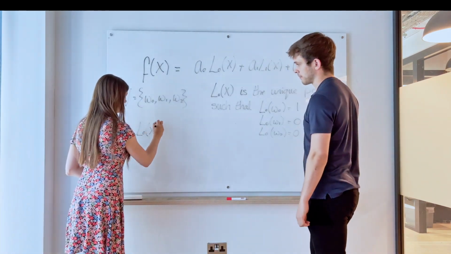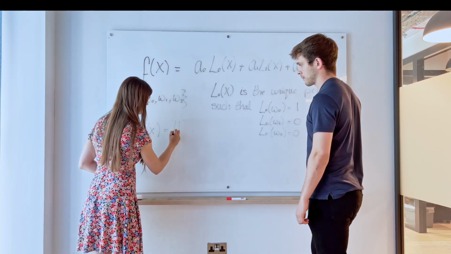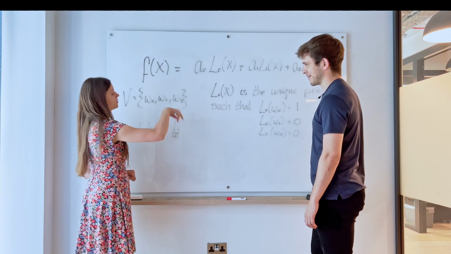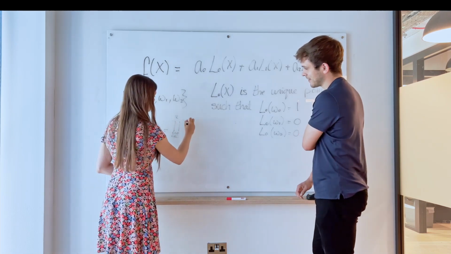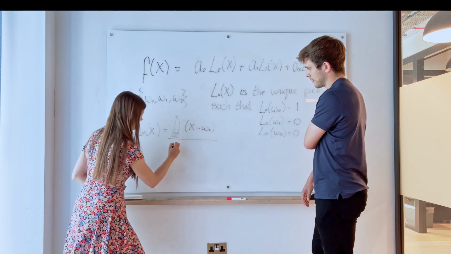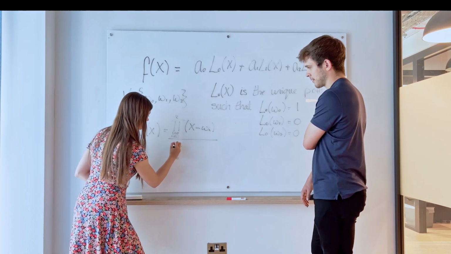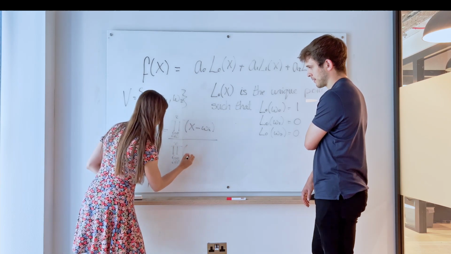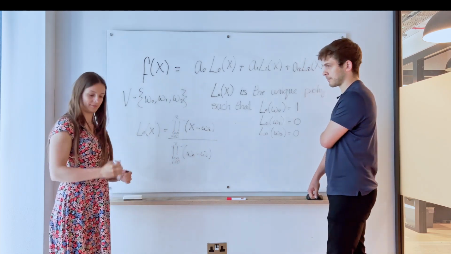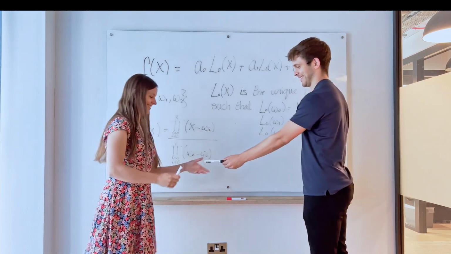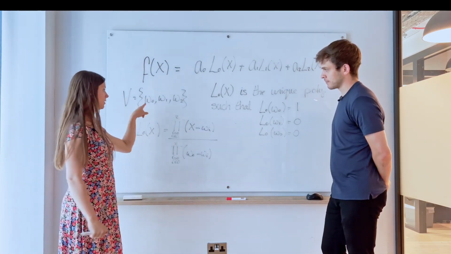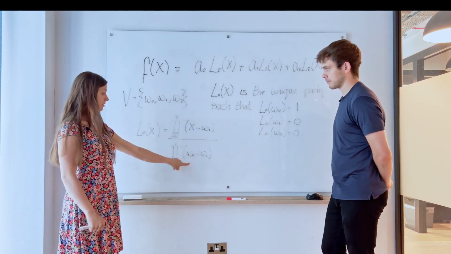We have L0 of x is equal to the product over I from 0 to 2, I not equal to 0, so actually I equals 1 to 2, but for the others I'm going to write it like that, of x minus omega I, all divided by the product over I from 0 to 2, I not equal to 0, of omega 0 minus omega I. So you can see here, if you were to insert omega 0, you would get 1 because it divides exactly.